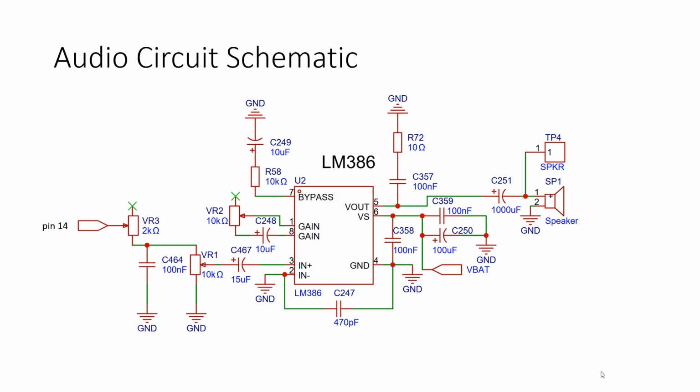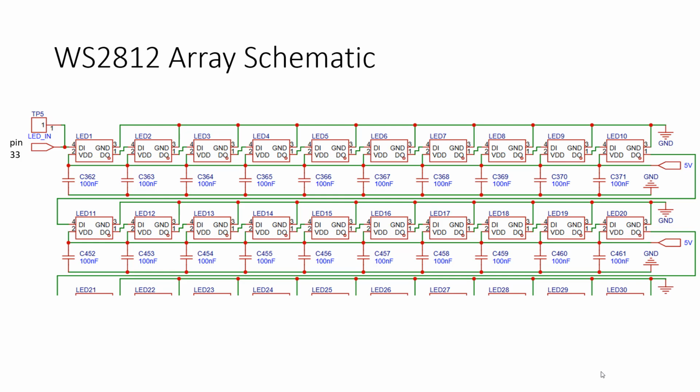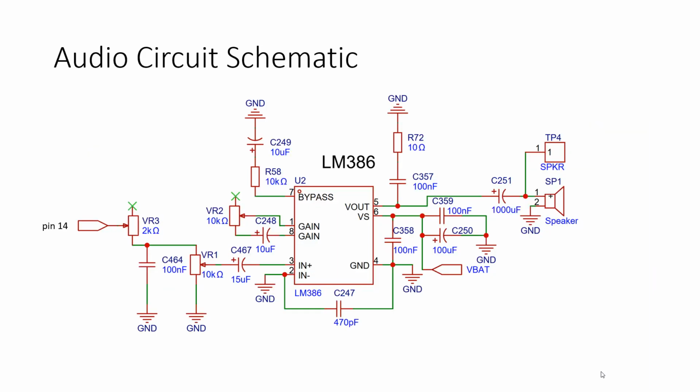Okay, but the point here is that all of the signal is fed by just the one digital output pin on the ESP32, pin 14. Okay, and so we're going to drive pin 33 with the RMT peripheral to control the LEDs, and we're going to drive pin 14 with the LEDC peripheral to be able to generate audio.